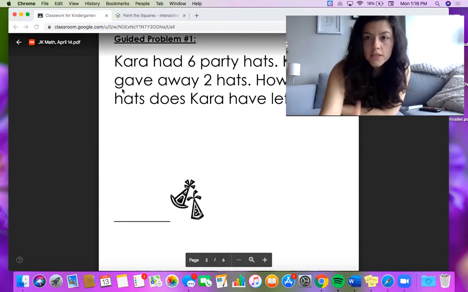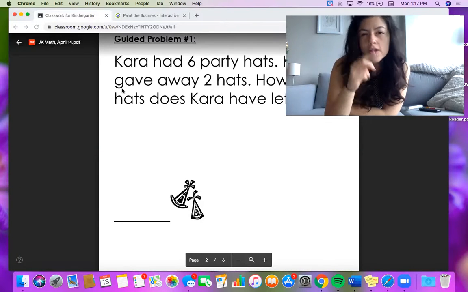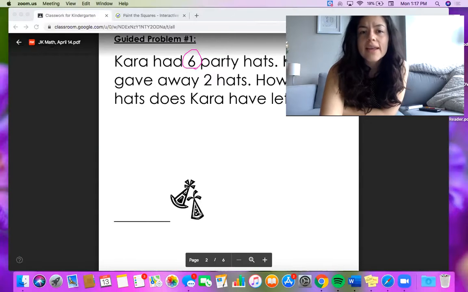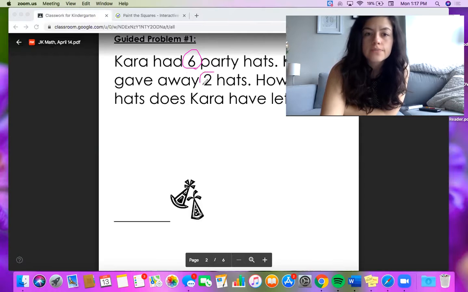A good mathematician remembers to circle her values so that she can remember what those important numbers are. So, how many party hats does she have at the beginning? 6 party hats. Then Kara gives away how many hats? 2. And they're asking how many hats Kara has left at the end.